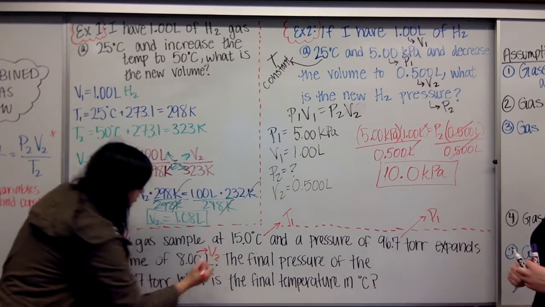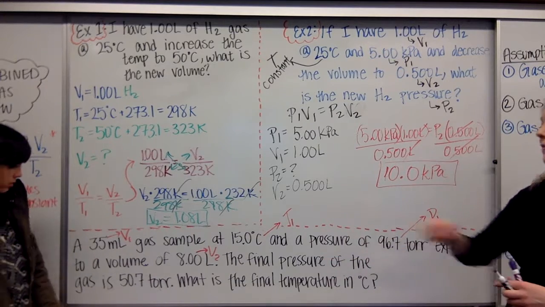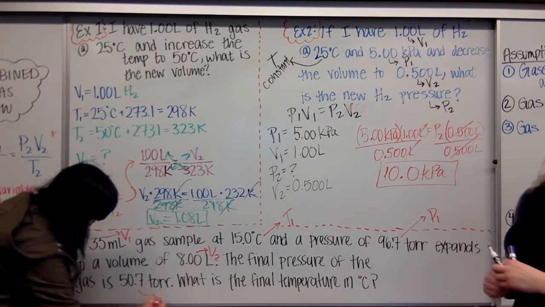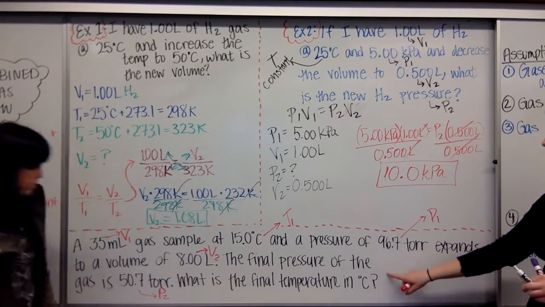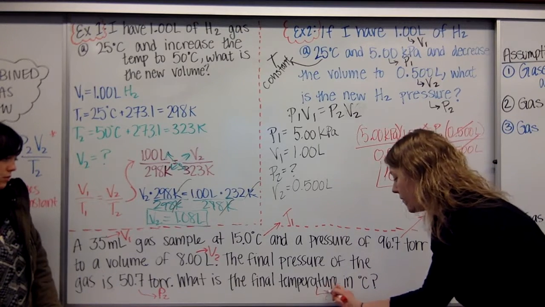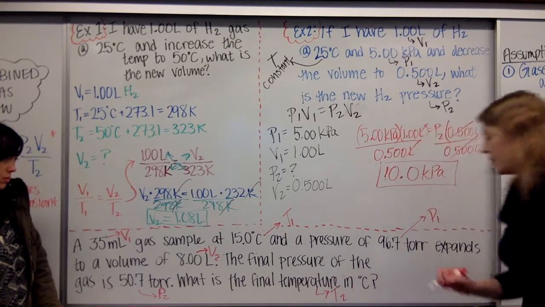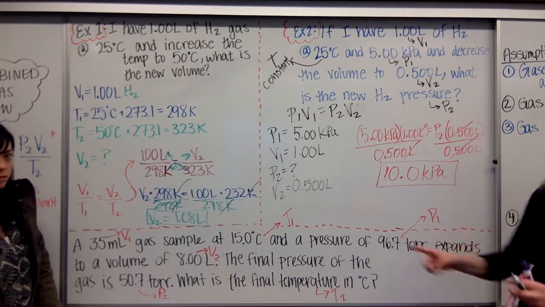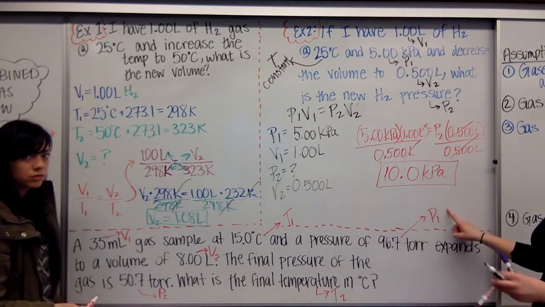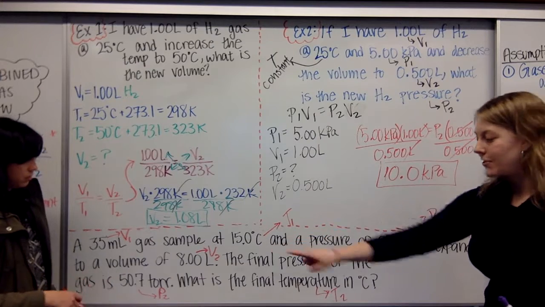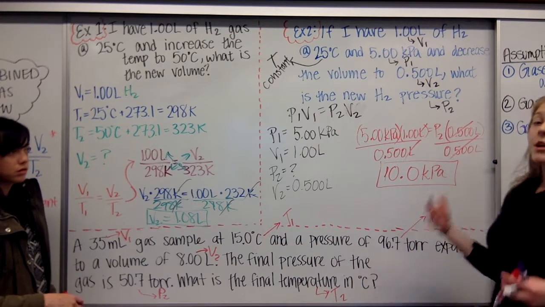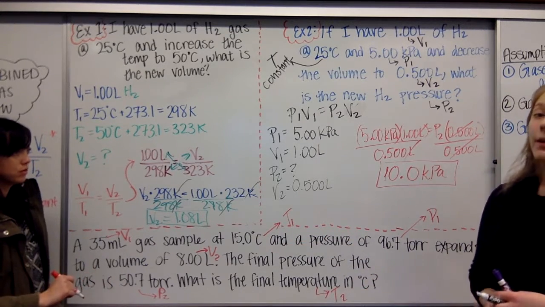Okay, that's a new volume. The final pressure of the gas is 50.7 torr. That's a new pressure. What is the final temperature? So we're looking for a T2 in degrees C. Now notice, we have a V1, a T1, a P1, a V2, a P2, and we're looking for T2. What formula, what law are we going to use here?